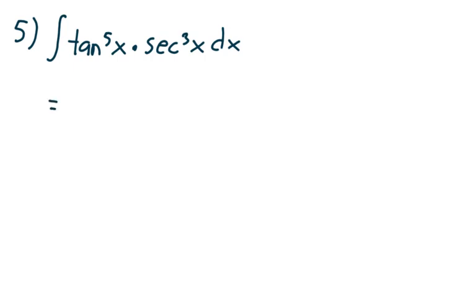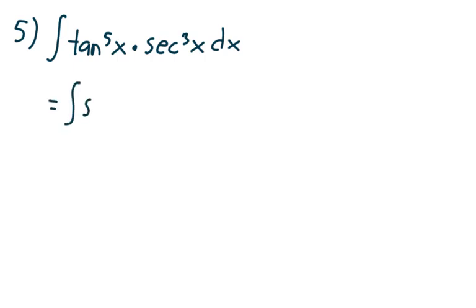Suppose I give you the integral of tangent to the 5th x times secant cubed x dx. Here's another interesting question. Notice how I have an odd power for tangent and an odd power for secant.